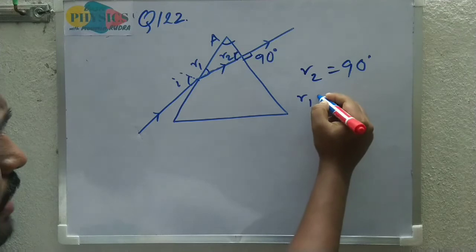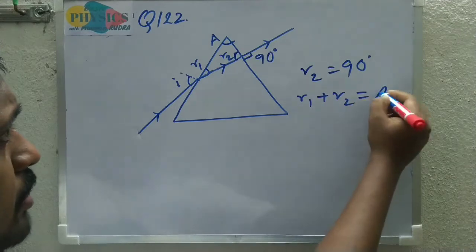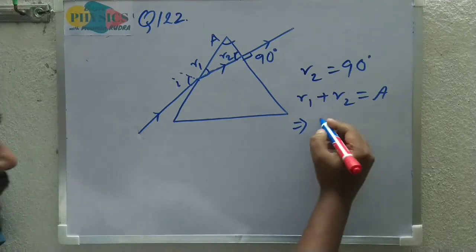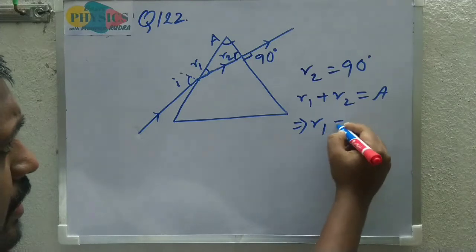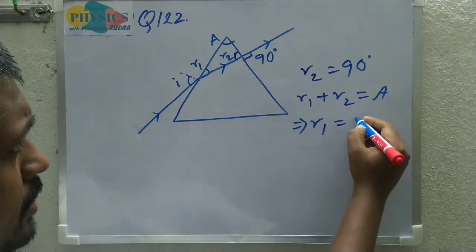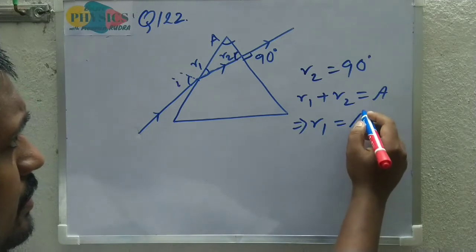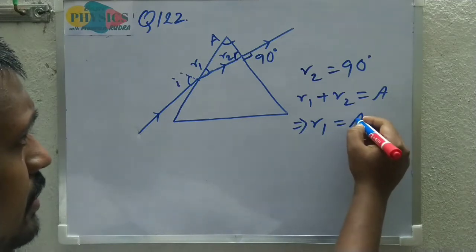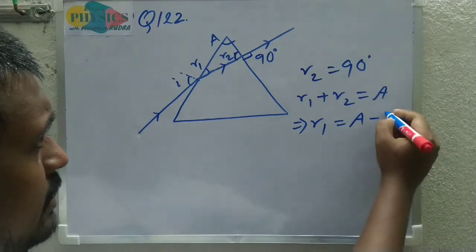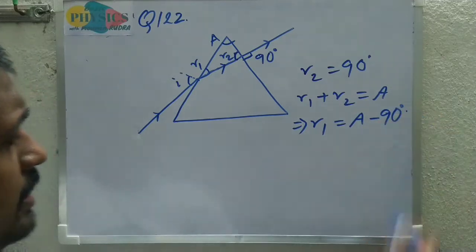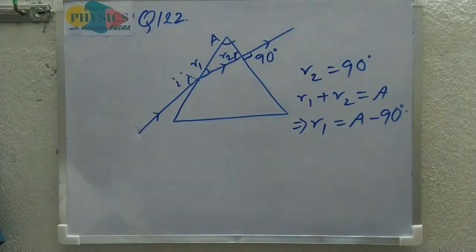So we know that R1 plus R2 equals A. From this we can write R1 equals A minus 90 degree. Okay, so R1 is A minus 90 degree.